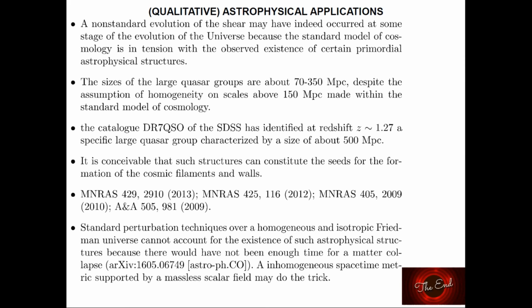And in particular, since our model comes with a strong, non-standard evolution of the shear, and it comes with a stiffened fluid, we believe that this space-time metric that we have found in the literature may have some good and useful properties for describing the formation of primordial astrophysical structures. And that's all about my talk.